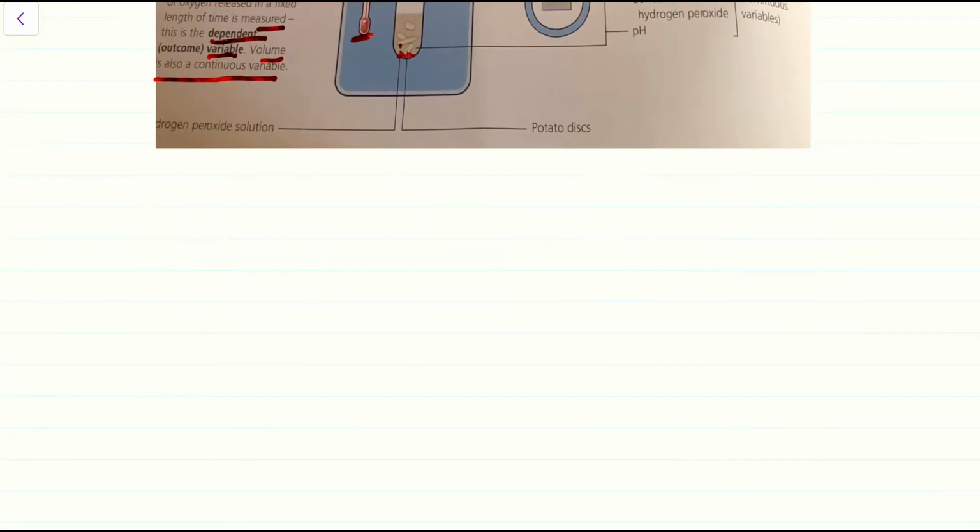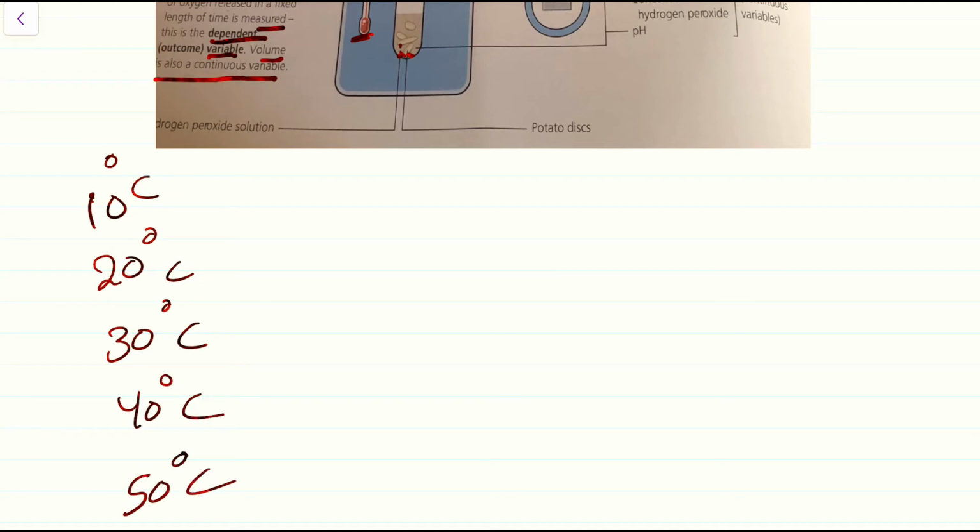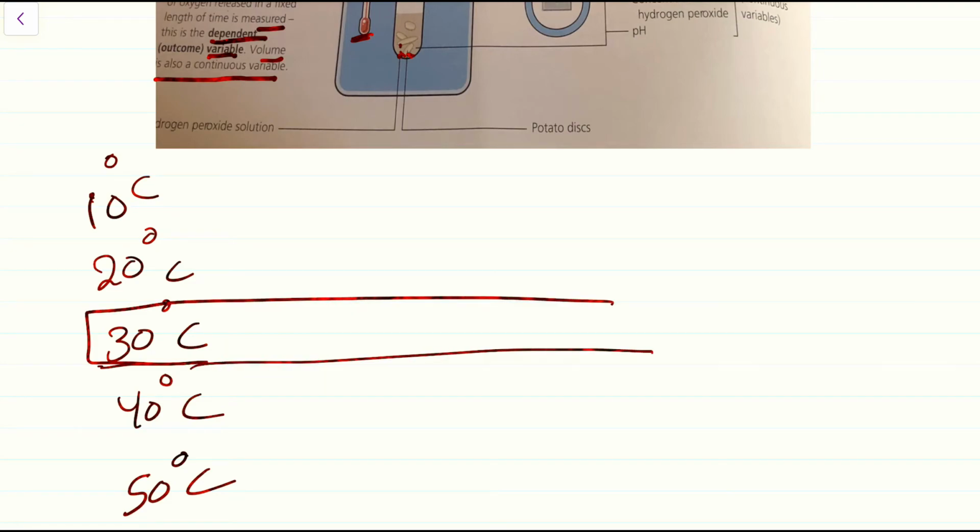So for example, if I have different temperatures, 10 degrees, 20, 30, 40 and 50 degrees, according to the properties of a certain enzyme, we have 30 as the suitable or optimum temperature for this enzyme.